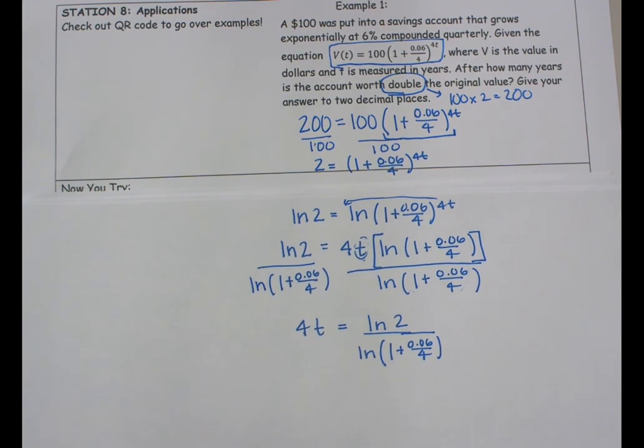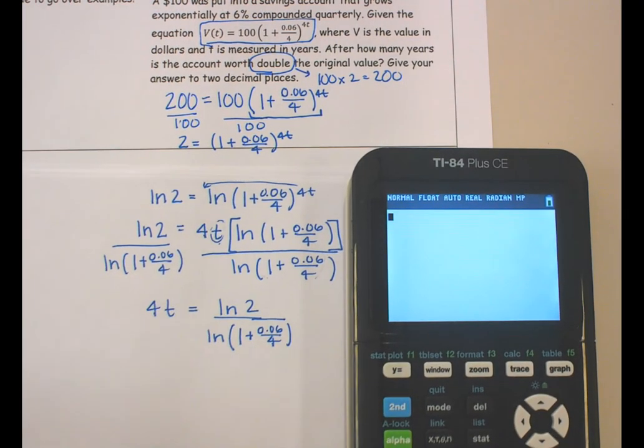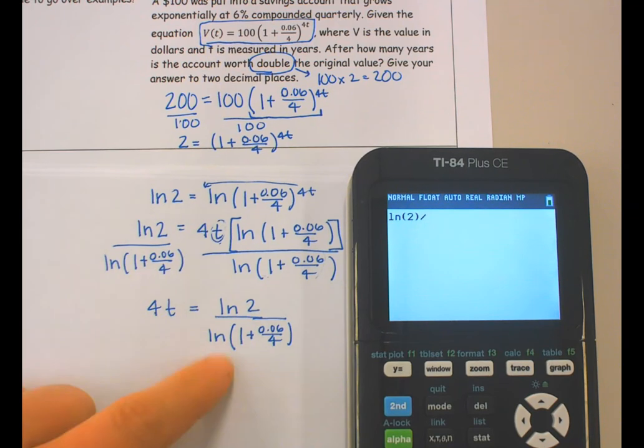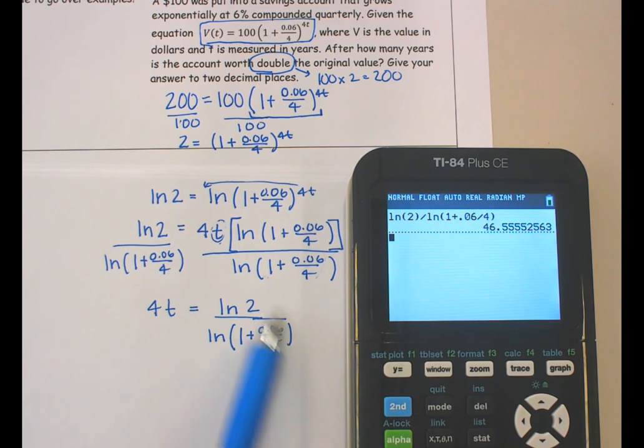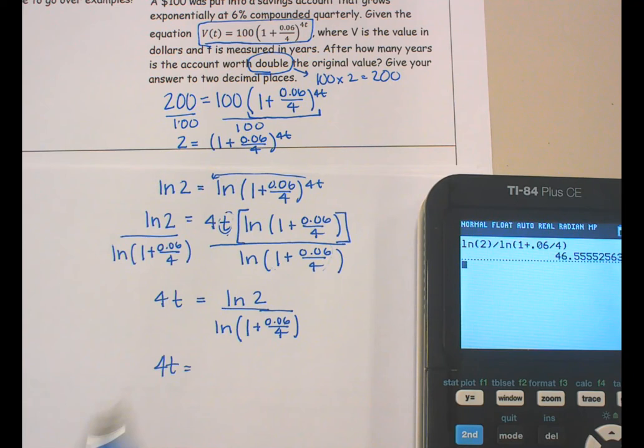And this is kind of where I would bring the calculator in. So I would come over here and do the natural log of 2 divided by, and then I can just type in the natural log of 1 plus 0.06 divided by 4. And that does this part. So 4t currently equals this decimal here, 46.55552563.